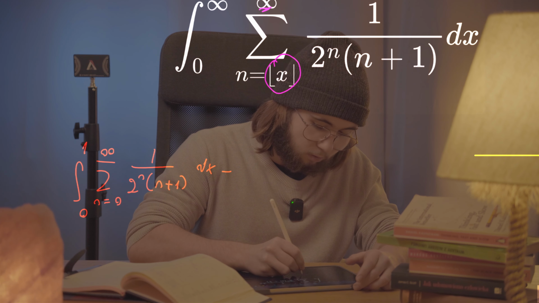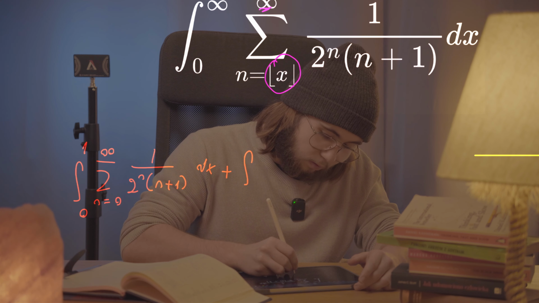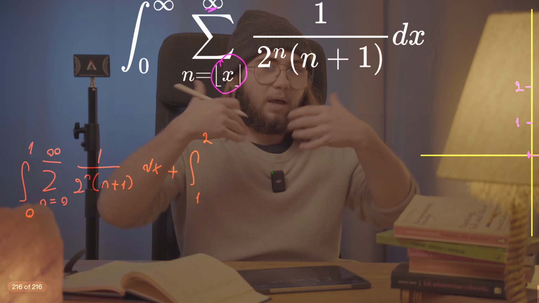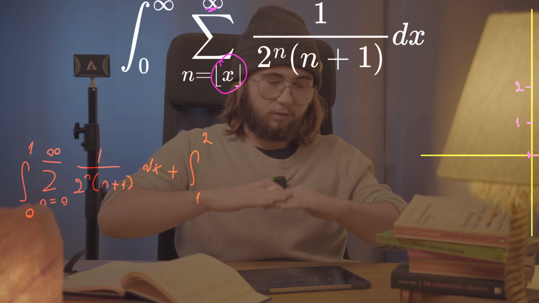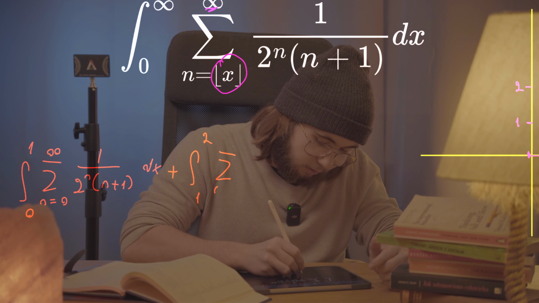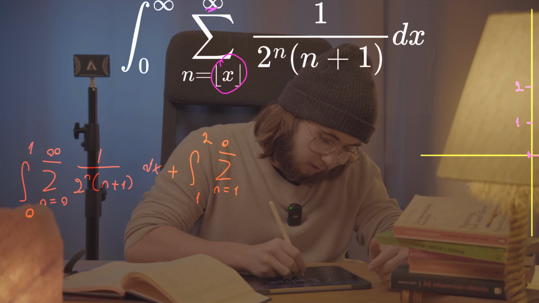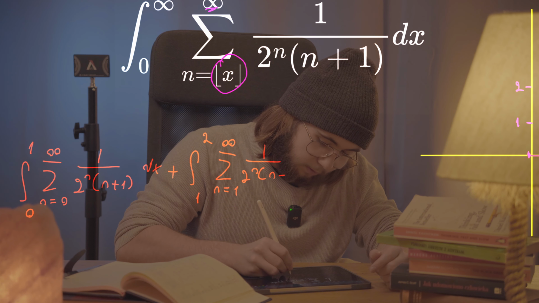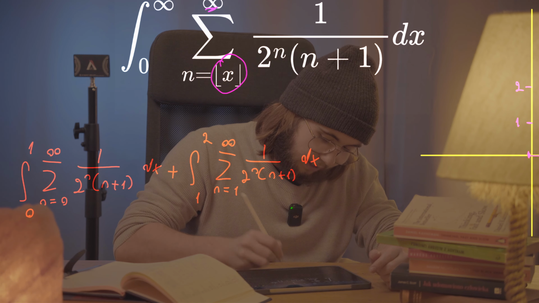And then the second integral, between 1 and 2: now everything under the floor is brought down to a 1, and so our sum is going to start with n equal to 1 and go up to infinity of 1 over 2 to the n times (n plus 1) dx.